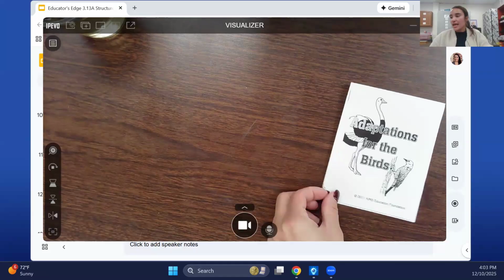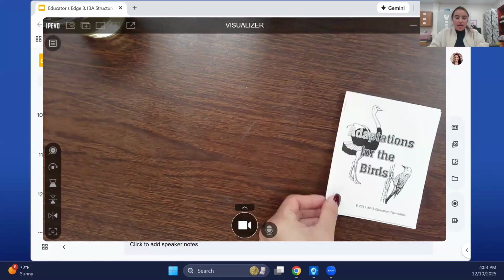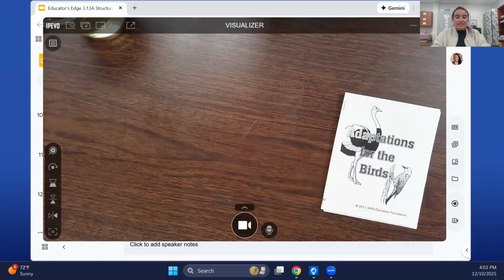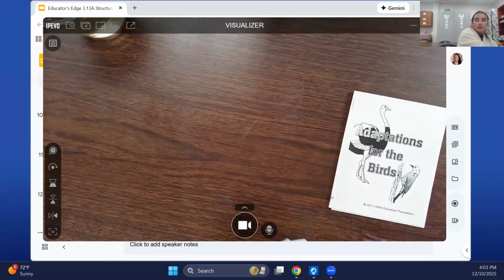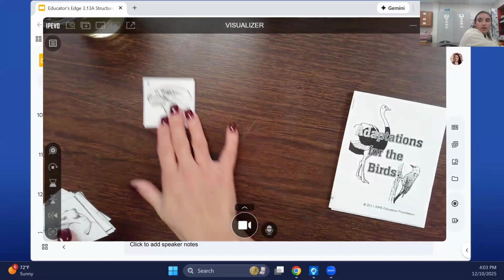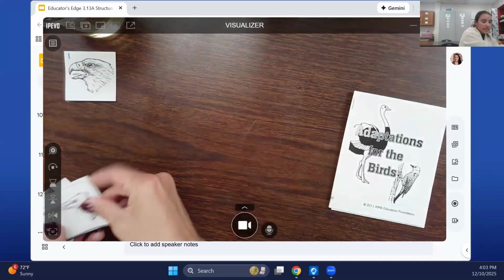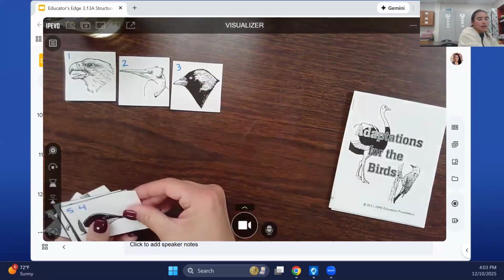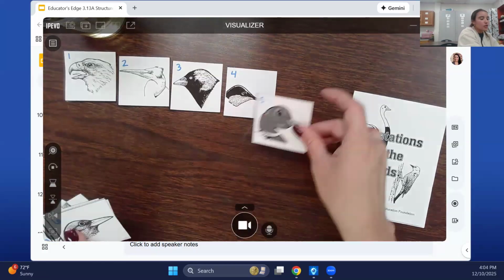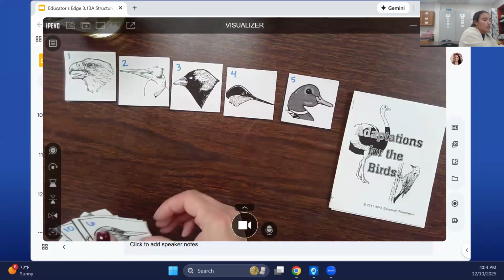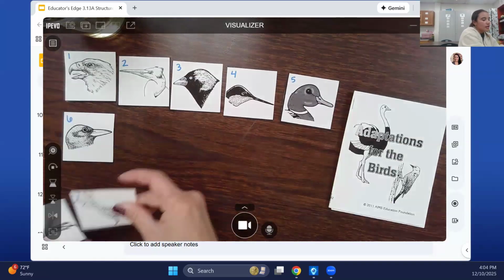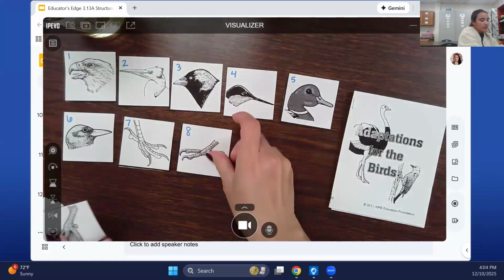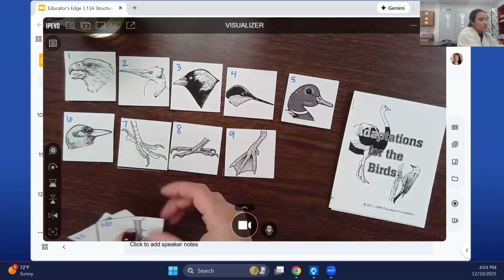Students can create a booklet, and it also has a set of pictures of different bird beaks. I'm going to show you those. And for the purposes of our PD, I'm going to have you respond in the chat. We're going to go through a couple of these examples just like you would with your students. And so here are the pictures.